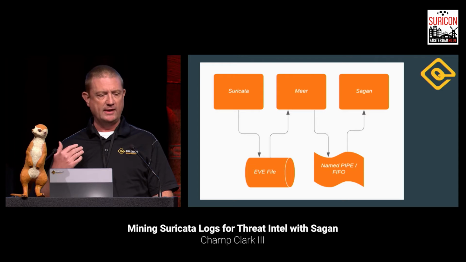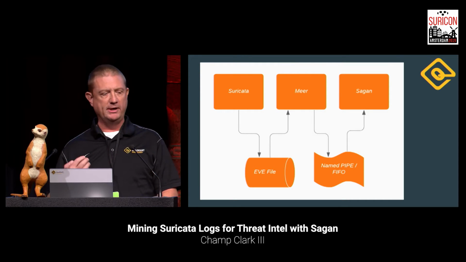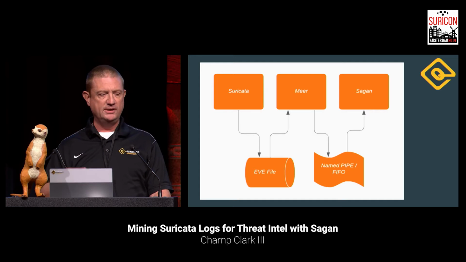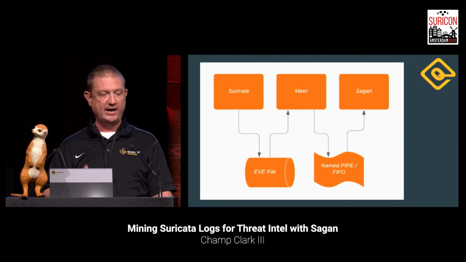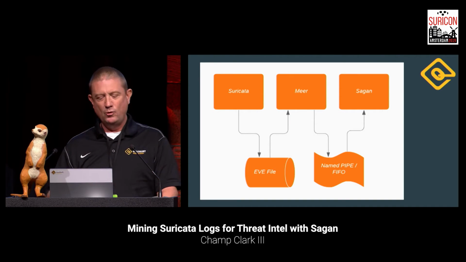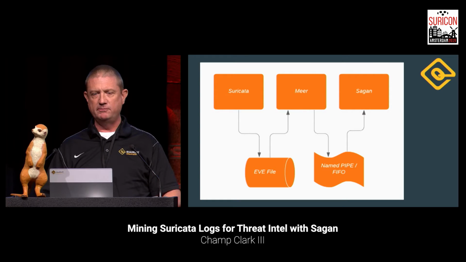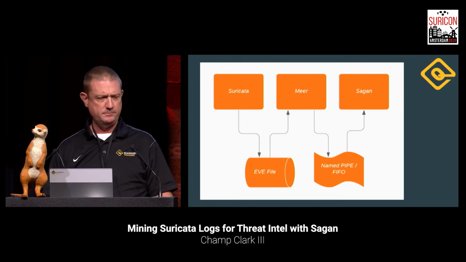Over the last year, Mir has this new output function where basically Suricata can write out to an E file, Mir can suck it up, and then Mir can take that data and put it into a named pipe or FIFO, where Sagan can read it, which has its advantages and disadvantages, mostly in the fact that everything has to run on that one machine. So if you're already CPU bound, you might not want to be stacking more load on top of the machine.